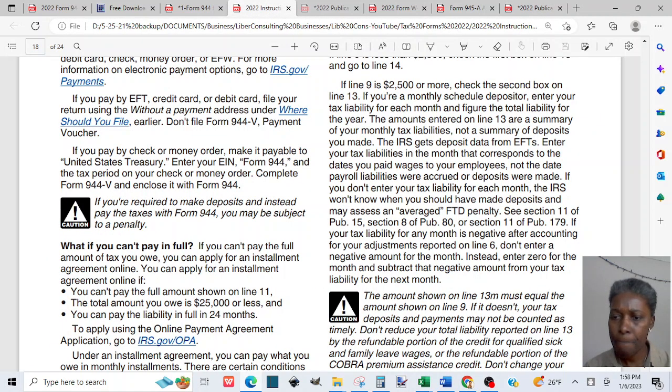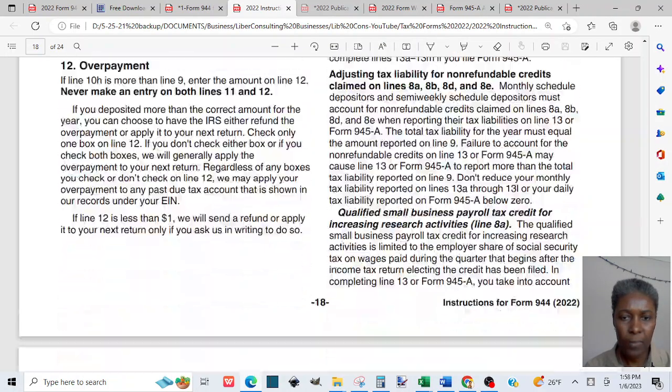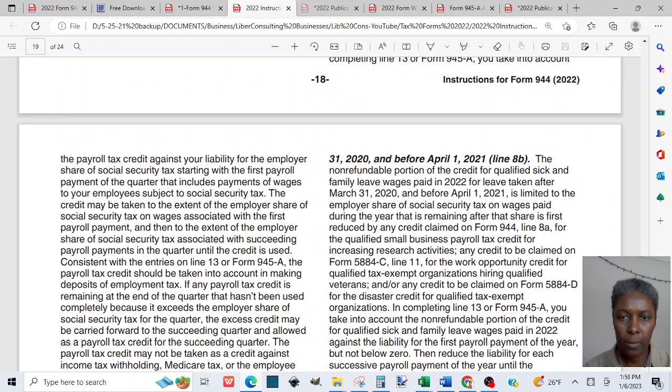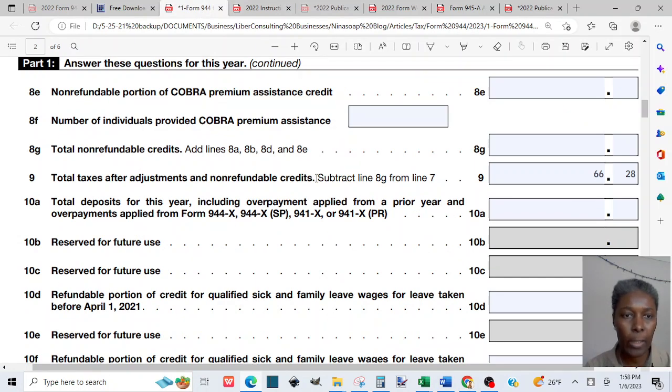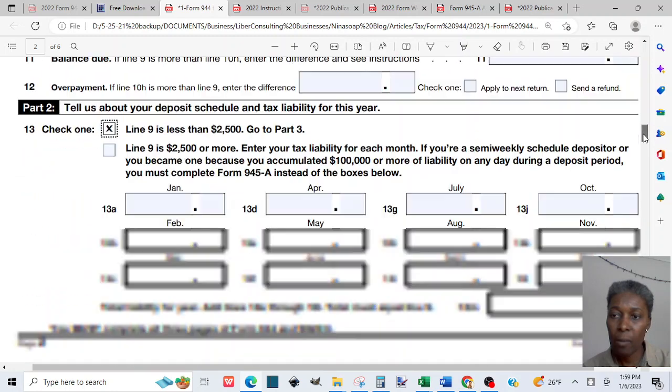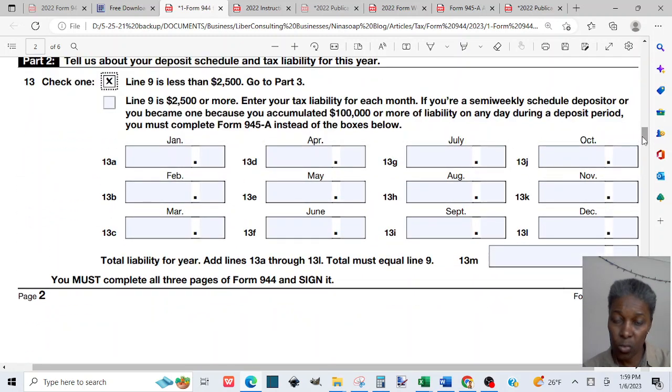I thought the instructions had a table somewhere. Okay, we'll come back to that. I think we might find a table there, but anyway, now we explained a little bit the difference between semi-weekly depositor and monthly depositor. You need to choose something for 2023.